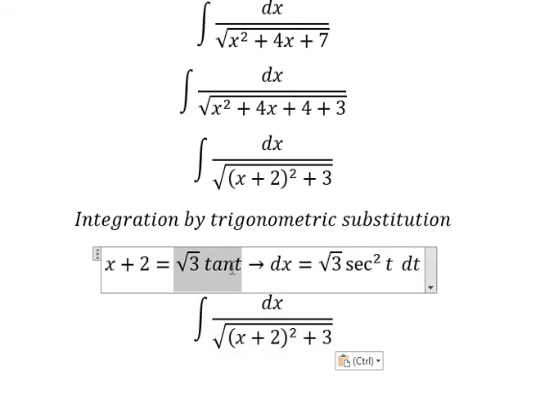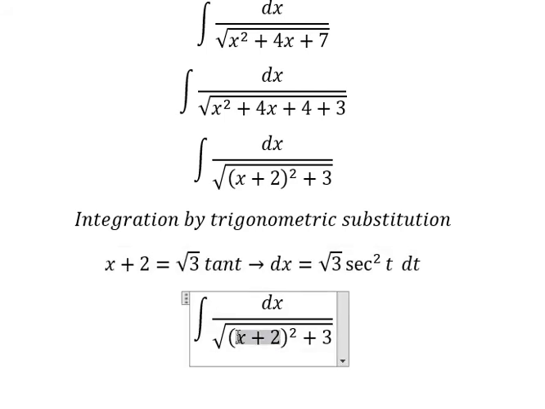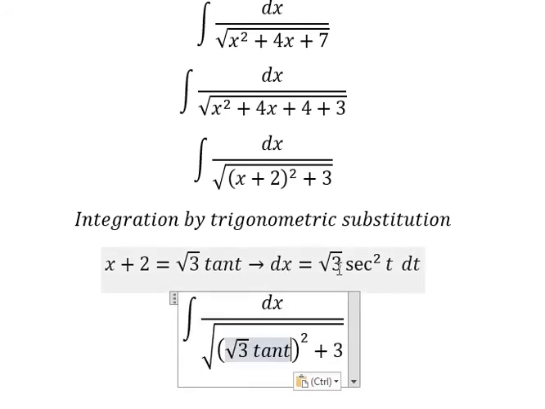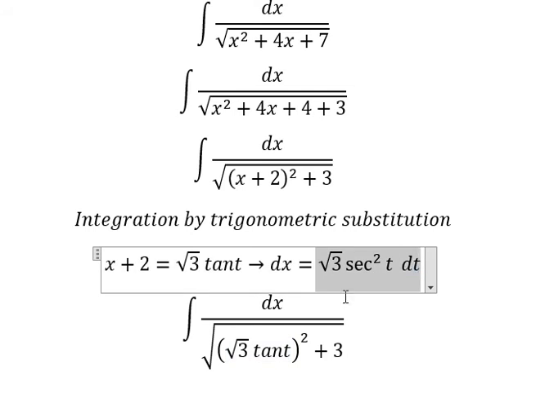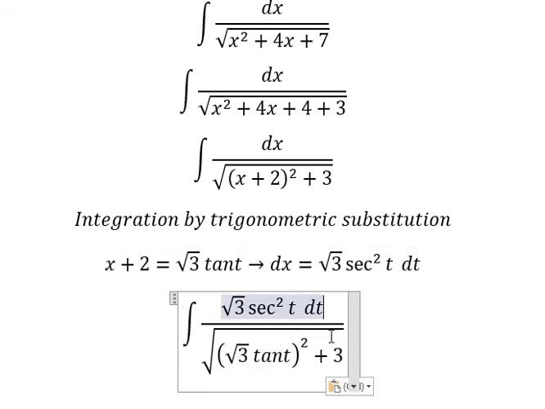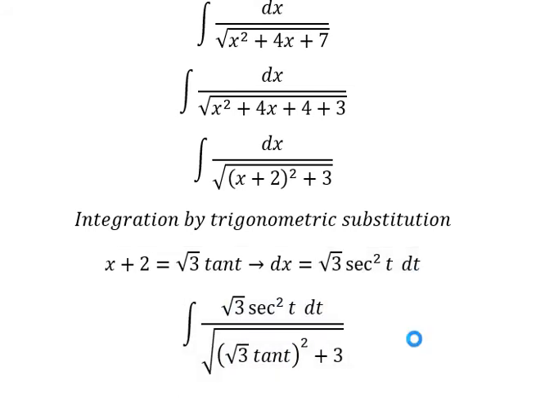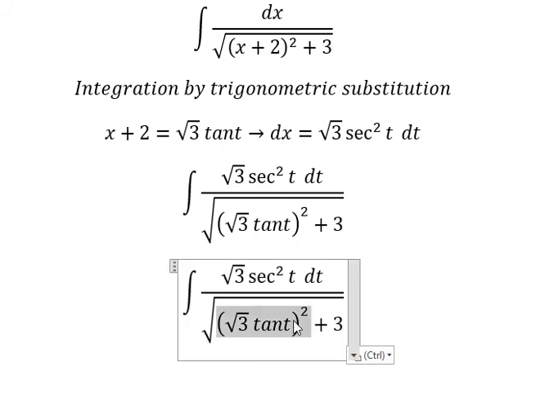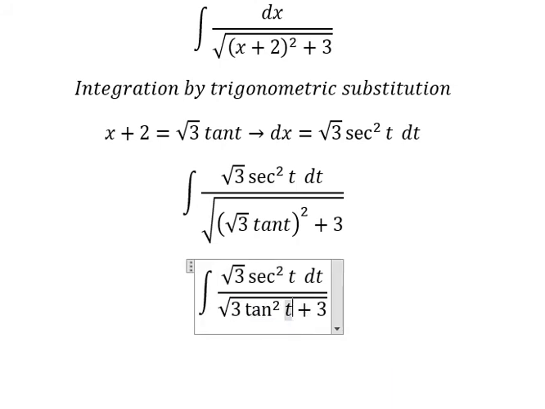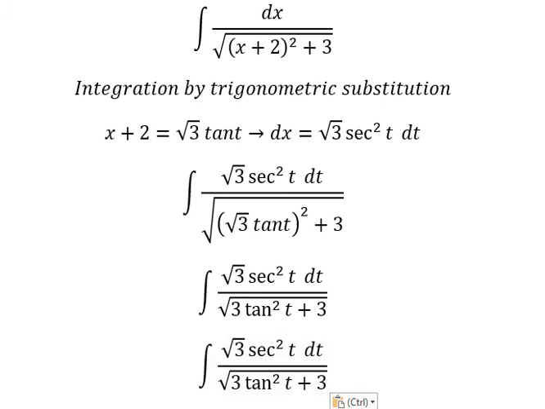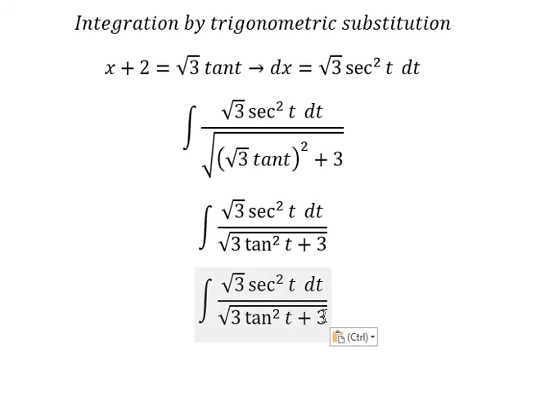So I will put this one in here. Dx we change by this one. This one we have 3 times tan t square. Number 3, we can do factorization.